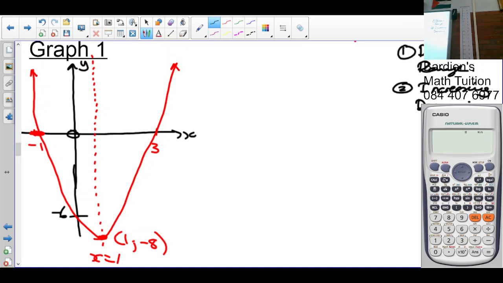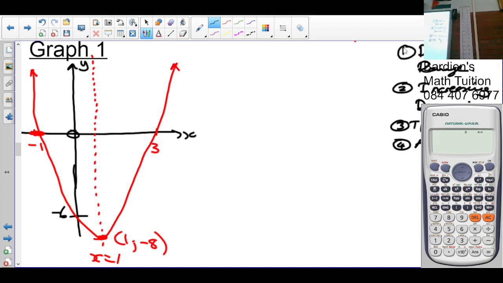Then we're going to look at the turning point, the coordinates thereof, if it's maximum or minimum, and the maximum value and minimum value, and the value of x at which it occurs. Then we're going to look at the axis of symmetry, the equation thereof.